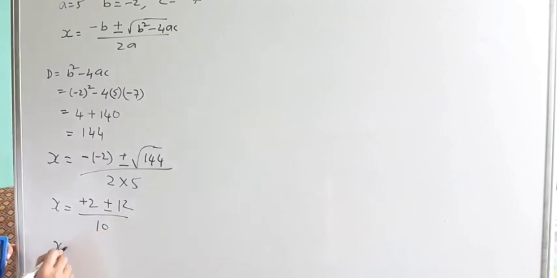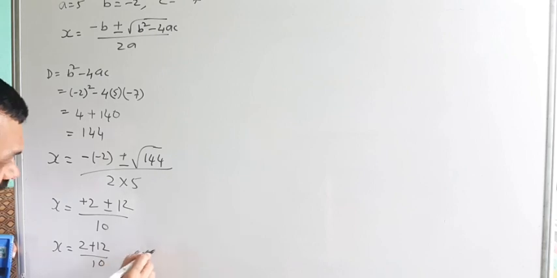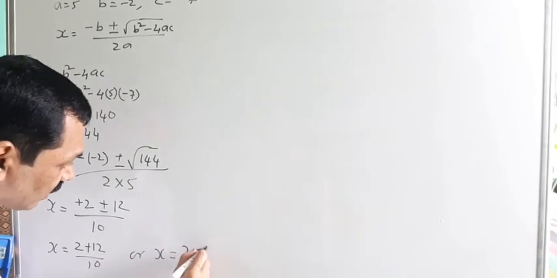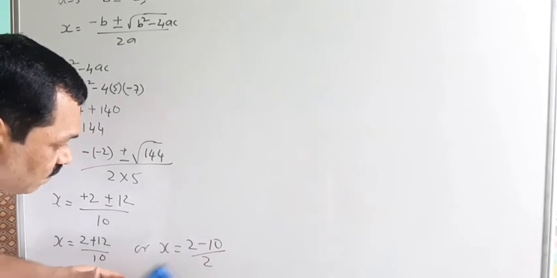And therefore x is equal to 2 plus 12 upon 10, or x is equal to 2 minus 12 upon 10.